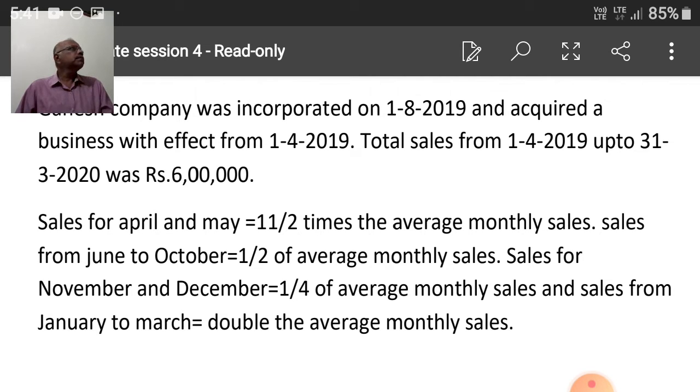Sales for April and May are 1.5 times the average monthly sales. Sales from June to October are half of the average monthly sales.